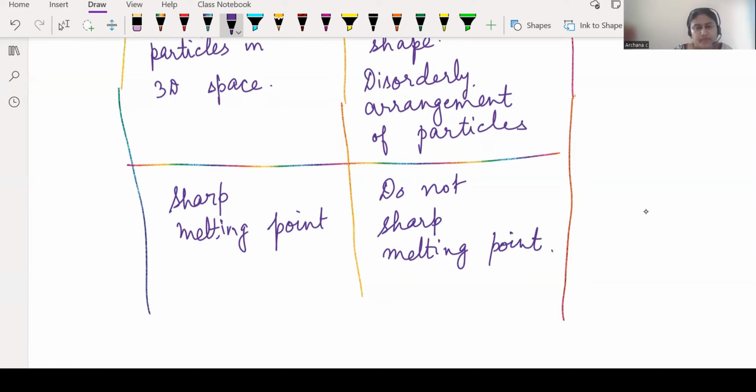For example, if you speak about ice, so ice everyone knows, and it is a general information that it will melt if the temperature goes above 0 degrees Celsius. So it is a crystalline solid. Whereas if you consider plastic or glass, they do not have a sharp melting point.